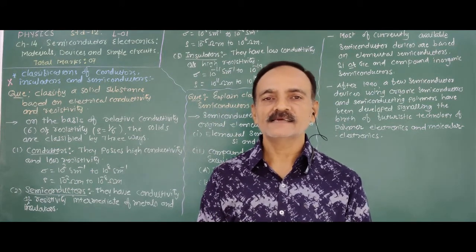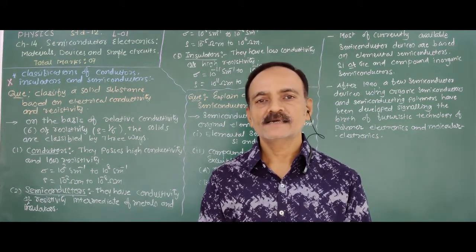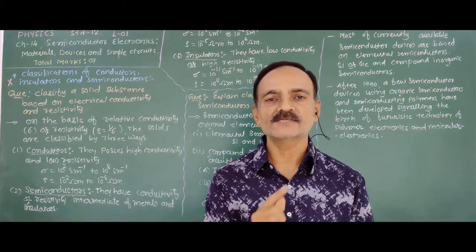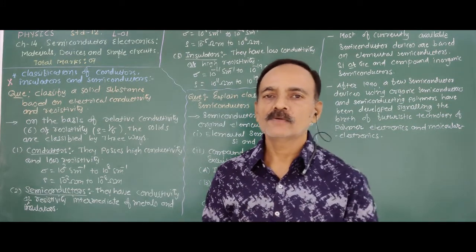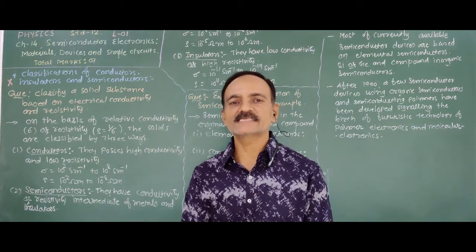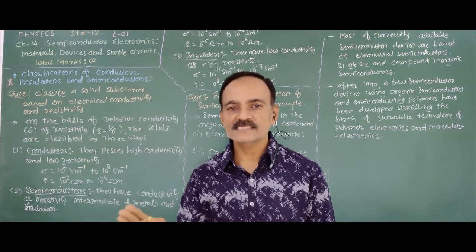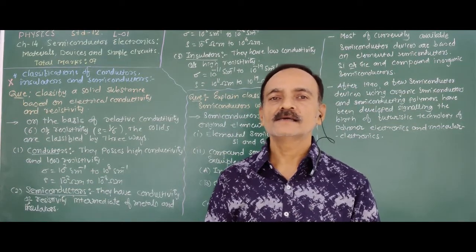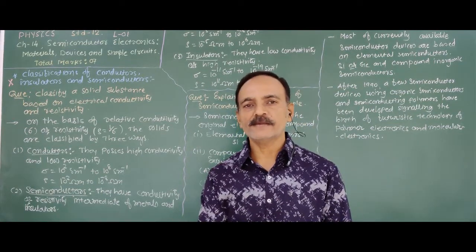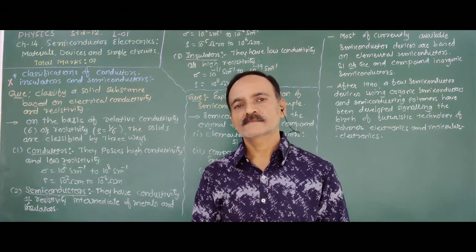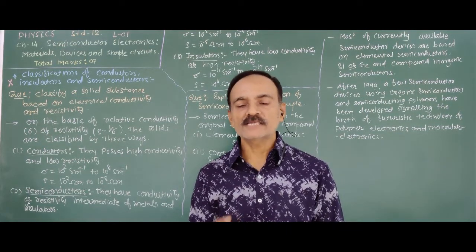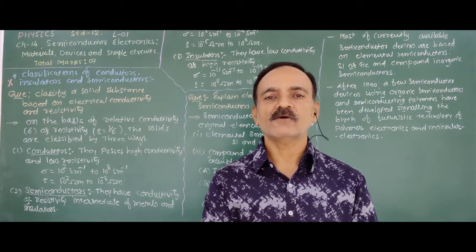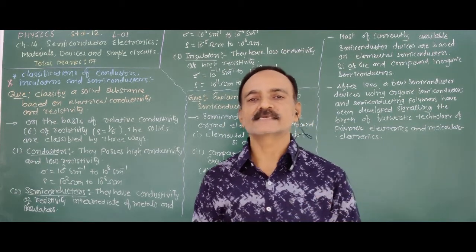So the semiconductor, which at 0 Kelvin acts as a pure insulator, now starts to conduct, because electrons become free from the covalent bonds. So in short, as the temperature increases, the conductivity of the semiconductor increases.